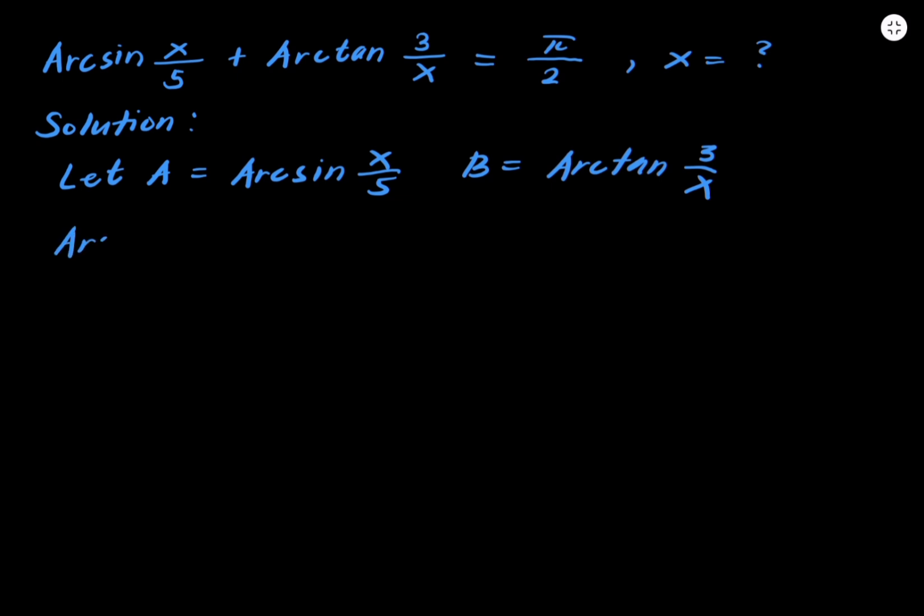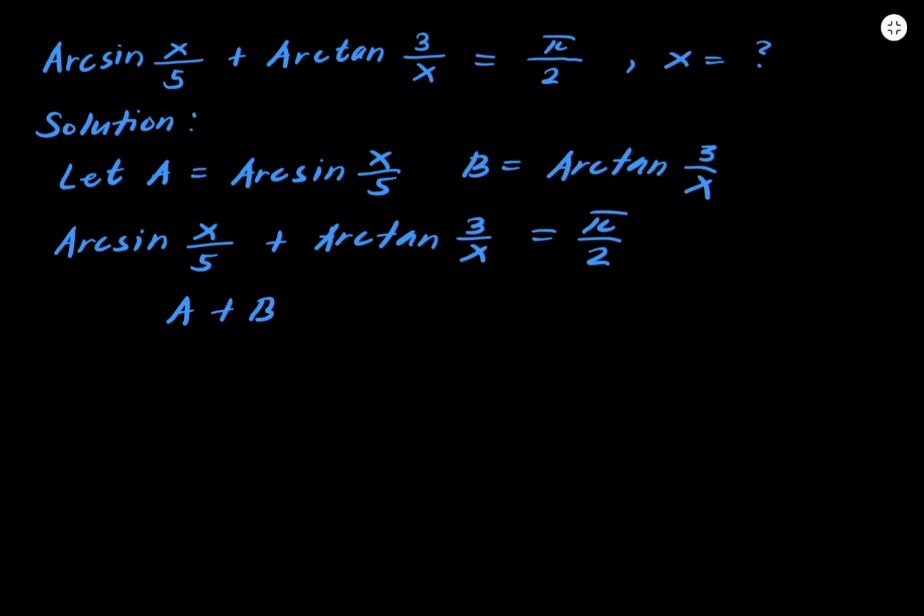We have arc sine of x over 5 plus arc tangent 3 over x equals pi over 2. Since we let A and B be equal to the arc sine and the arc tangent, this given equation becomes A plus B, which is equal to pi over 2.